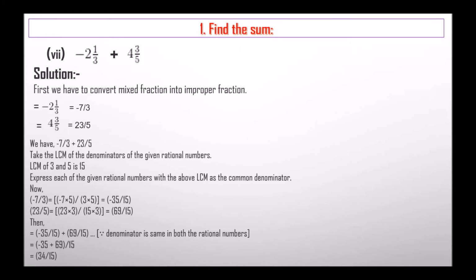So now the rational numbers expressed in the LCM form are minus 35 upon 15 and 69 upon 15. Now we will add them. So minus 35 upon 15 plus 69 upon 15, that is minus 35 plus 69 upon 15, that is 34 upon 15.